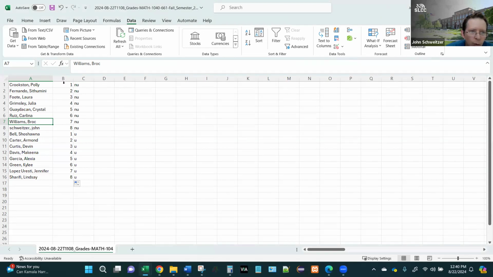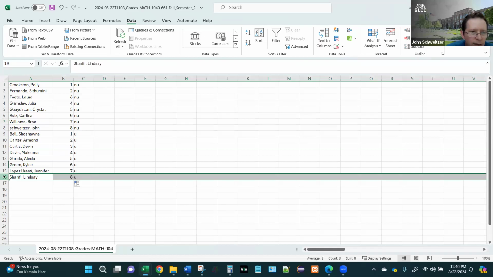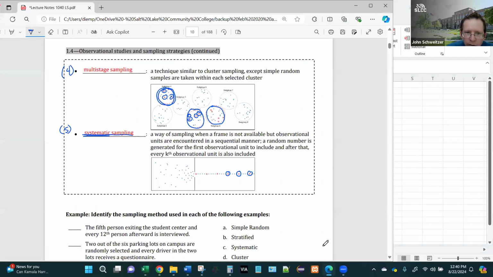So how many do we do? Well, there's 16 of us in here remaining. That's our population. We want, let's say, 4. So I'm going to take 16 and divide it by 4. That's going to give me 4. So we want to select every 4th person, basically.